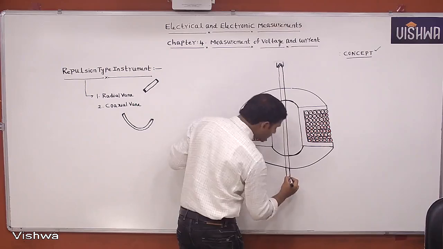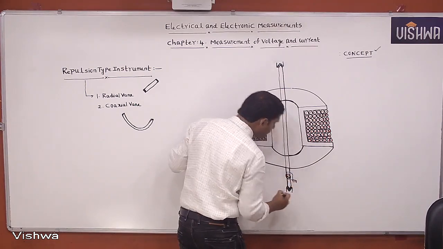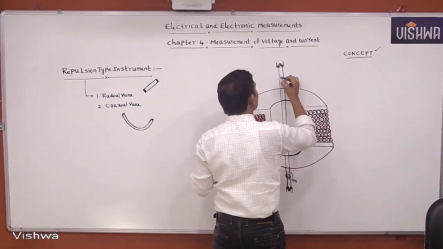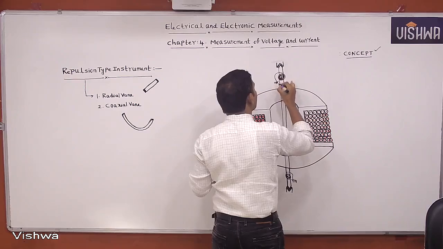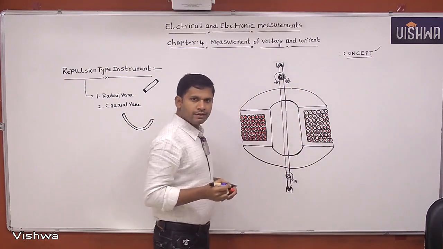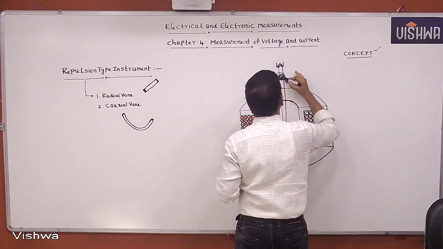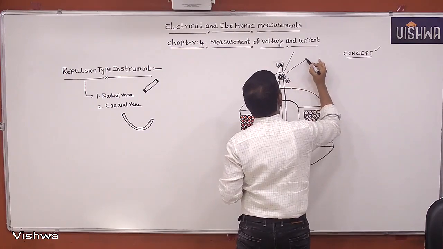Then we are using spring control, and we are using air friction damping. This is the pointer and scale arrangement.